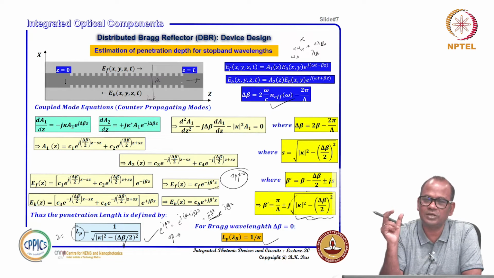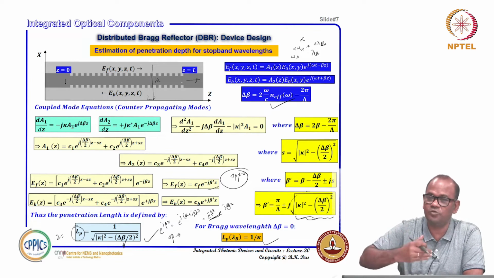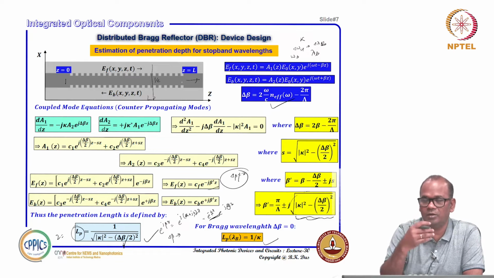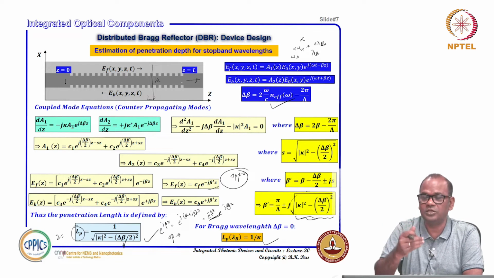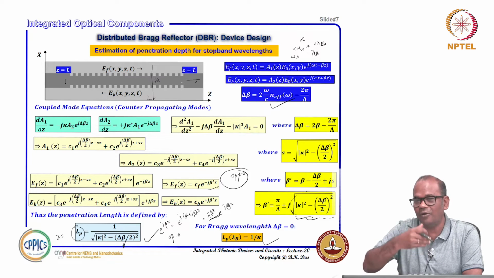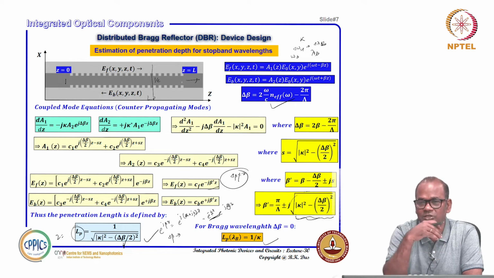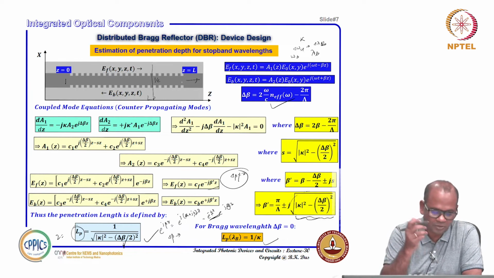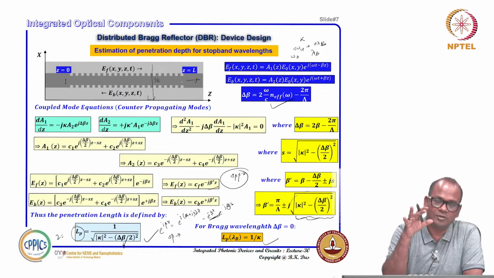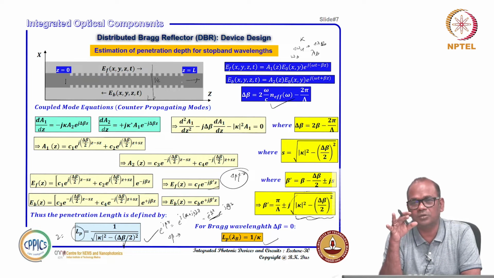If the periodicity is in 2 directions, equally periodic or maybe not equal also, that is called a 2-dimensional photonic crystal. If you can manufacture such a material with dielectric constant periodicity in all 3 dimensions, that will be called a 3D photonic crystal. But we will be discussing one very important waveguide structure, whose working principle is completely different.